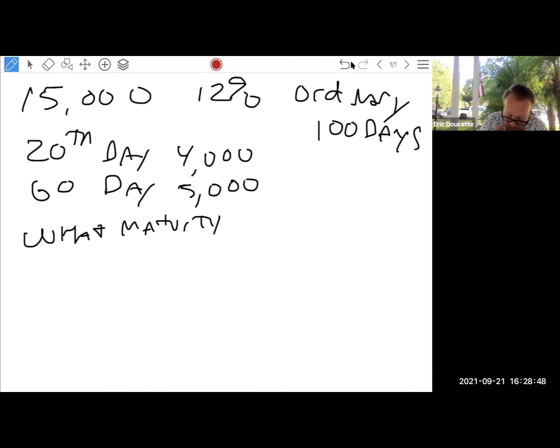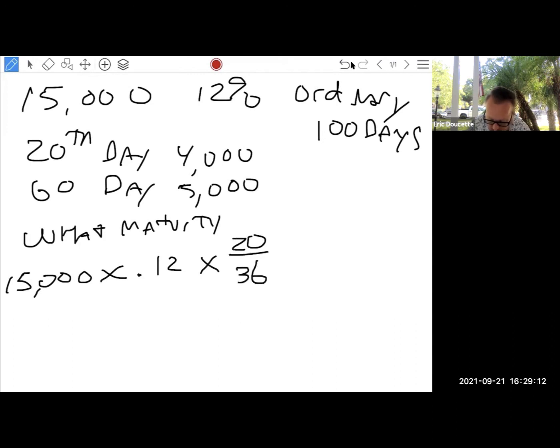All right, so the first thing we need to figure out is how much interest did she accumulate up to day 20, right? So in this case, you're going to take your 15,000. You're going to multiply by the interest rate, so 0.12. And then you're going to multiply that by 20 by 360, right?